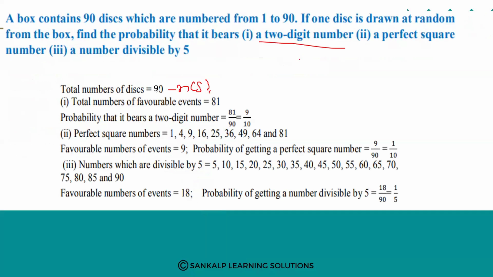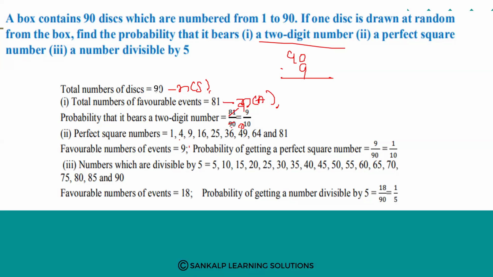So 2-digit means 90 minus 9, because 1 to 9 are all 1-digit numbers. So 90 minus 9 is 81. Therefore, the total number of favorable events is 81. So this is n of A. The probability that it bears a 2-digit number is n of A divided by n of S, 81 divided by 90. So 9 ones are 9, 9 nines are 81. So 9 divided by 10.